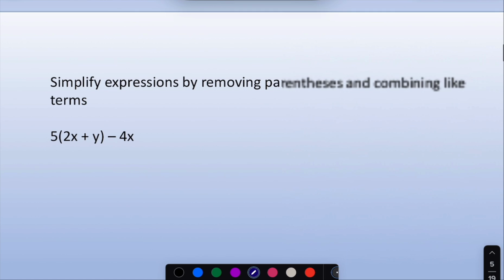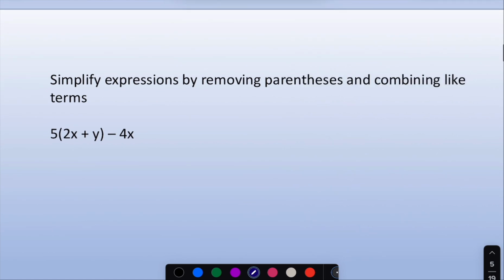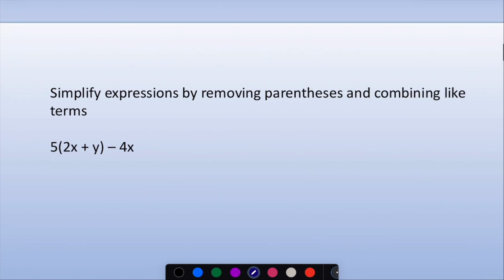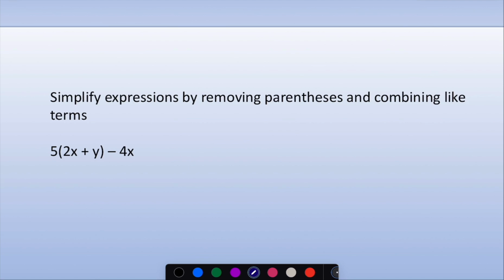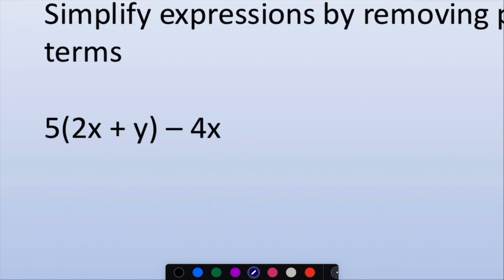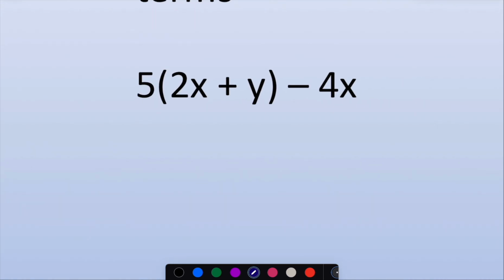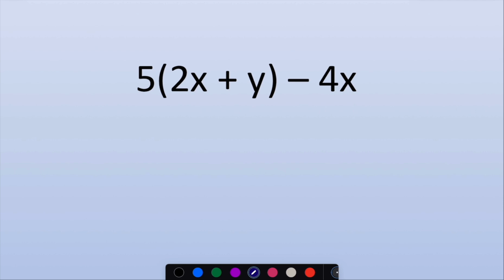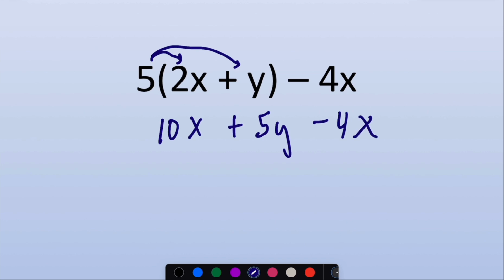Now, this one is very similar to the ones that we saw earlier. We do have a parenthesis there. We do have to use the distributive property again, this time with the 5. 5 times 2x is 10x. 5 times y, we're just going to write as 5y.